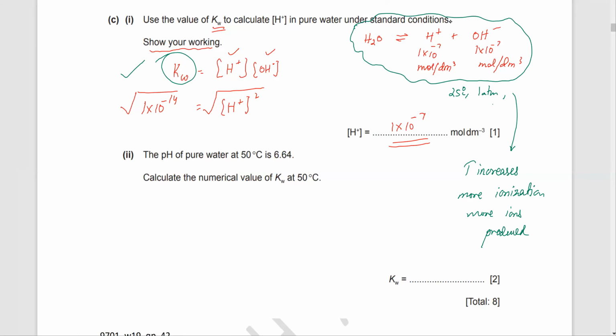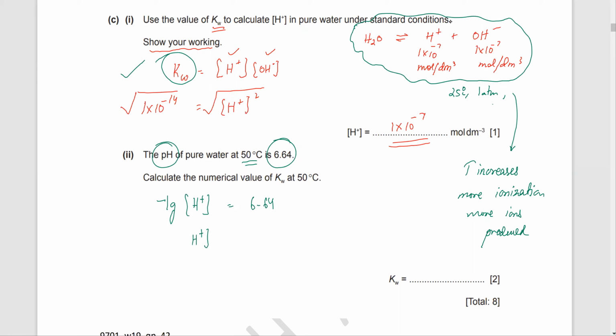Now, they are talking about 50 degrees centigrade, and they're asking to calculate the numerical value of Kw at this temperature. First, they've given you the pH, which is 6.64. So what is the H plus concentration at 50?